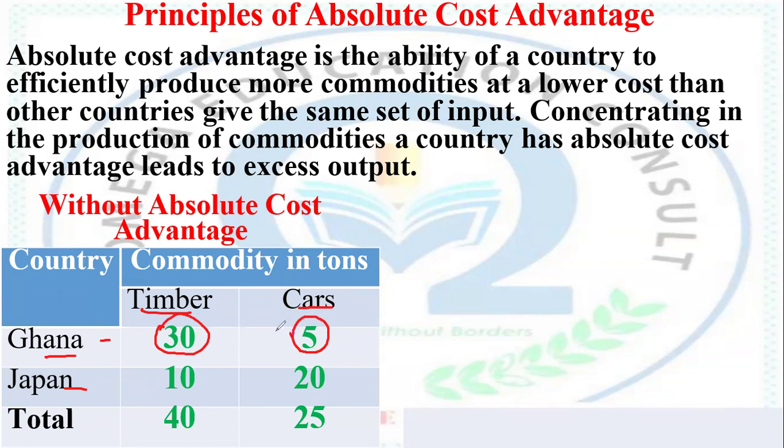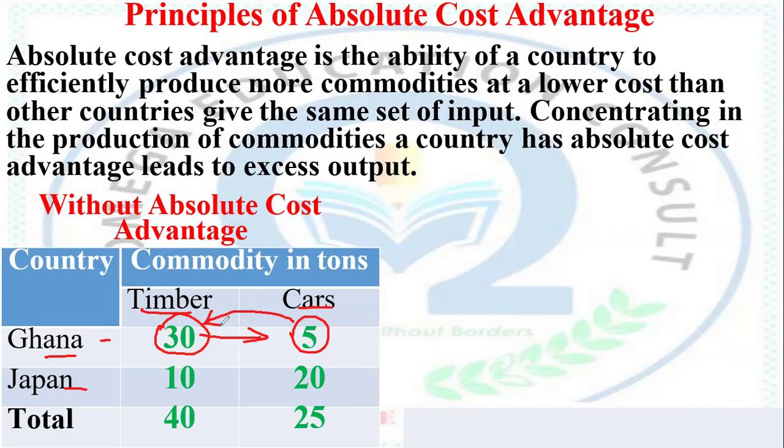What it means is that if Ghana converts the resources meant for the production of 30 tons of timber, those resources will be used to produce 5 tons of cars. And if Ghana converts the resources meant for the production of 5 tons of cars, that can be used to produce 30 tons of timber.